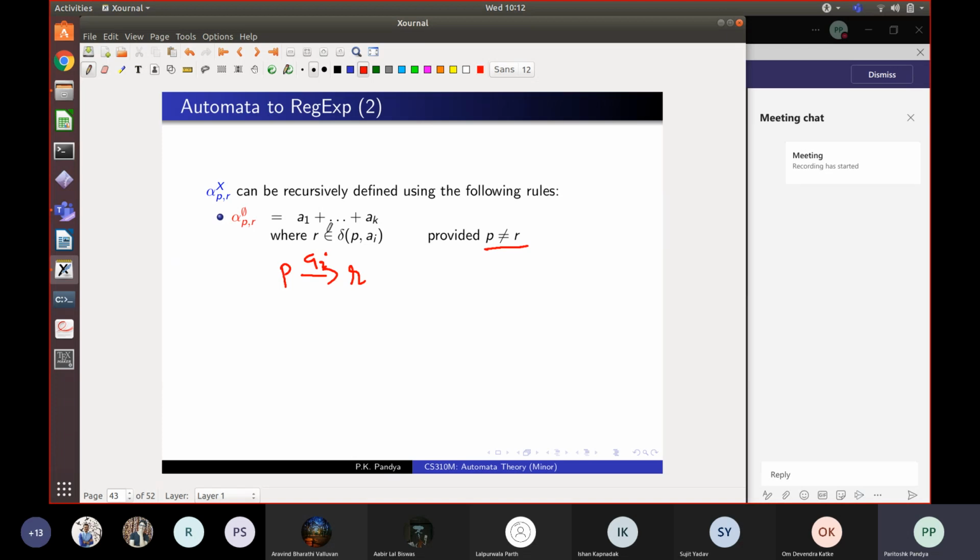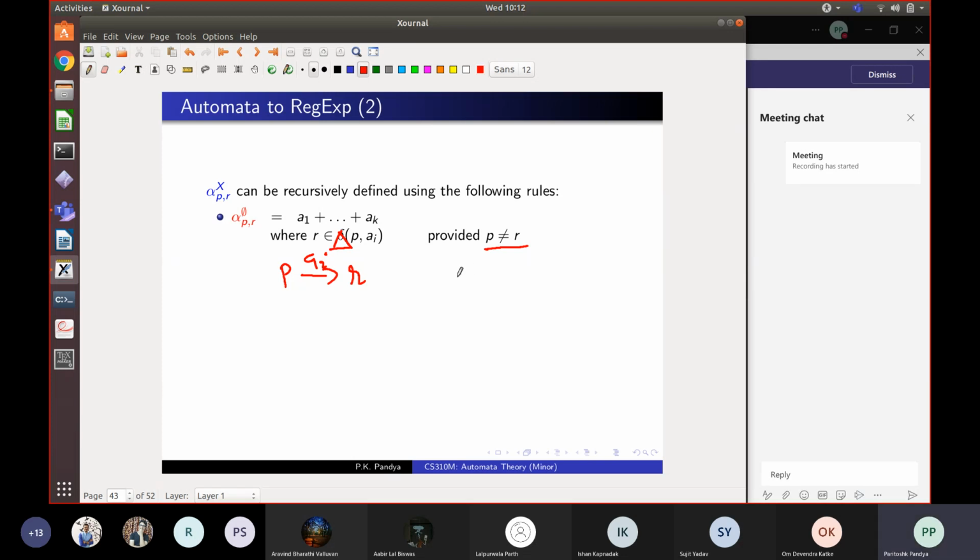So let AI be a letter such that from P on AI you can, oh, this should be delta because we have a non-deterministic automaton, where R belongs to delta of P AI, which means from P on letter AI there is an R. Collect all such letters and add plus between them, and you get the regular expression telling you how you can move from P to R without going through any intermediate state. No rocket science there, right?